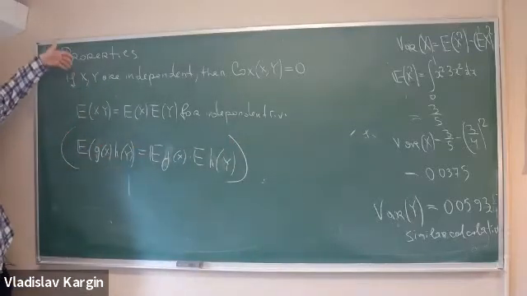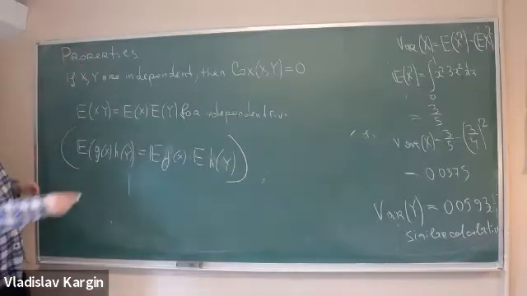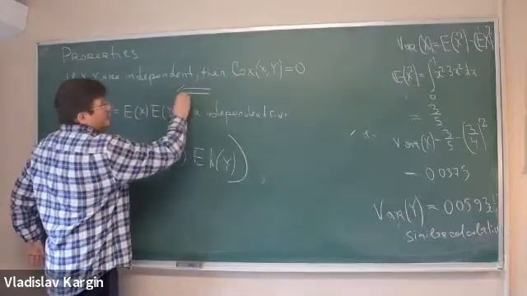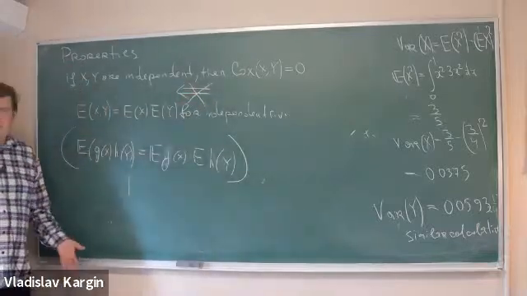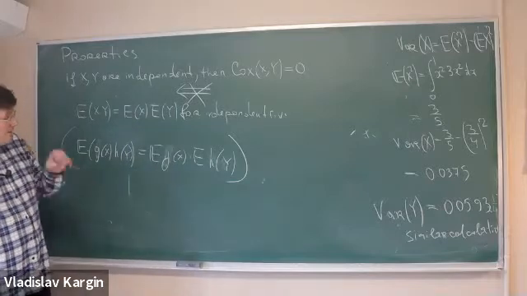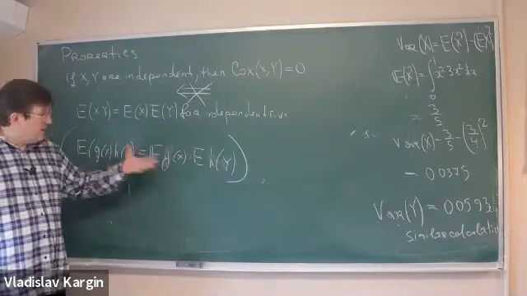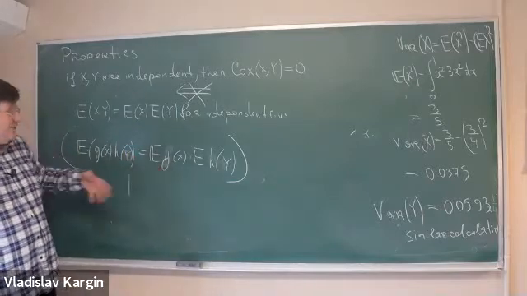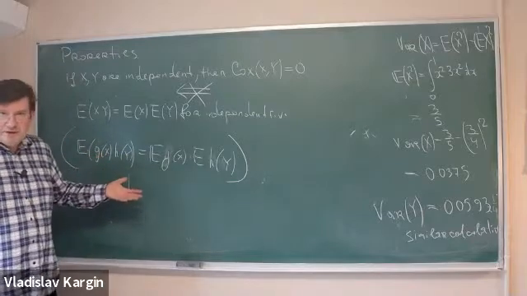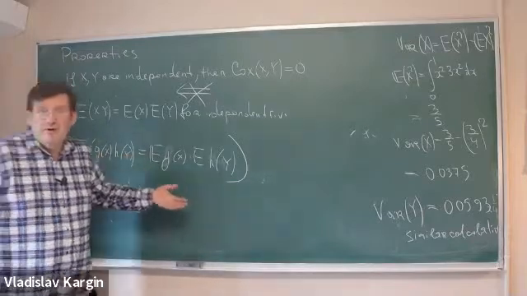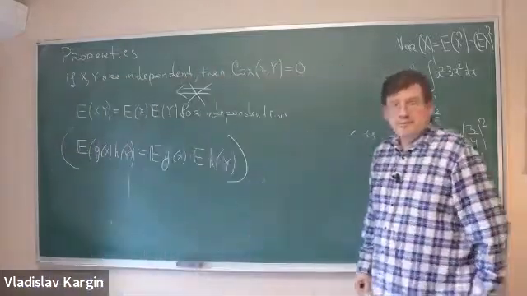So the covariance of independent random variables is equal to 0. But the converse is not true: covariance equal to 0 doesn't mean that they're independent. You would need all the functions: the covariance of every function of x with every function of y must be equal to 0. Then the independence holds.